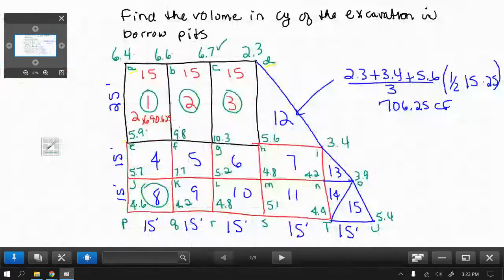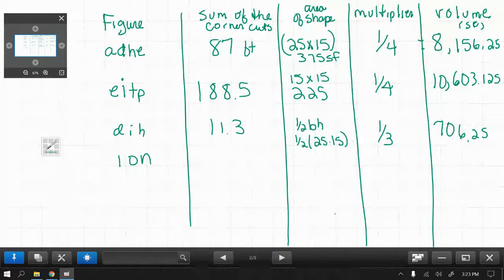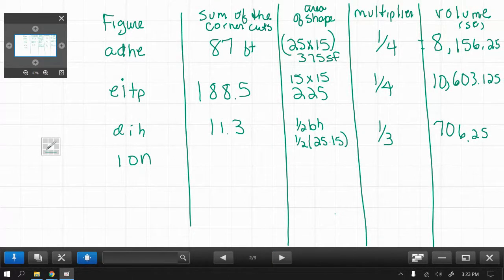I-O-N, and then N-O-T. It doesn't matter how you label it. I've got to do that one, N-O-T, and then O-U-T. Okay.